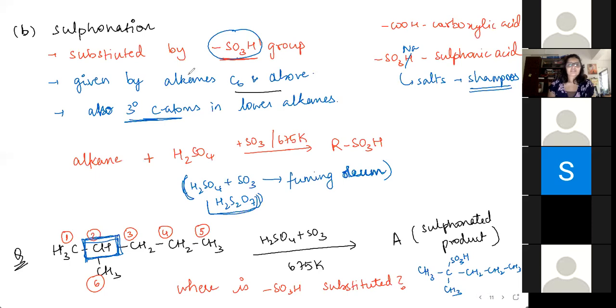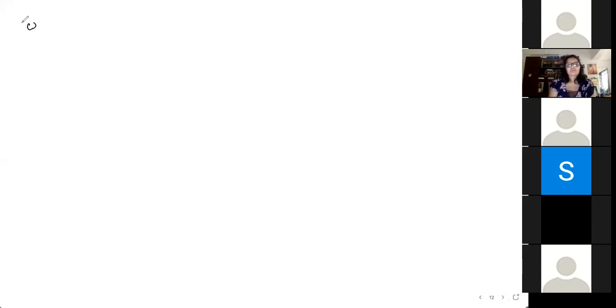So sulfonation, and finally you have nitration. Okay, sulfonation: substitution happening by SO3H. So what will nitration happen with? HNO3. HNO3 is the acid, but what group is introduced or substituting the hydrogen?